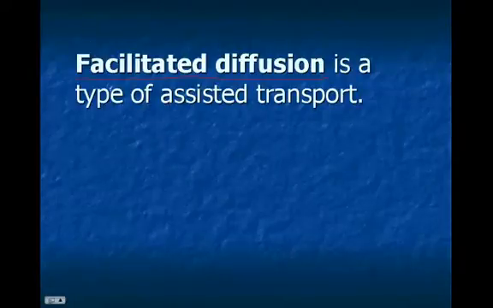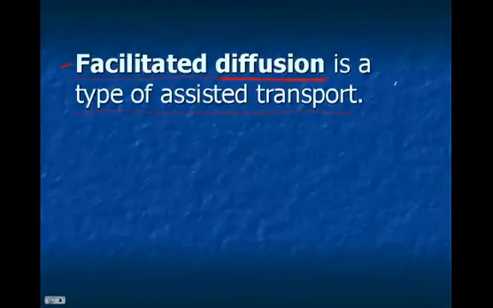The passive form of carrier-mediated transport is a process that we call facilitated diffusion. What this means is we had to have a carrier-mediated transporter assist us in getting across the membrane, but it's still diffusion. We're still diffusing down a concentration gradient.